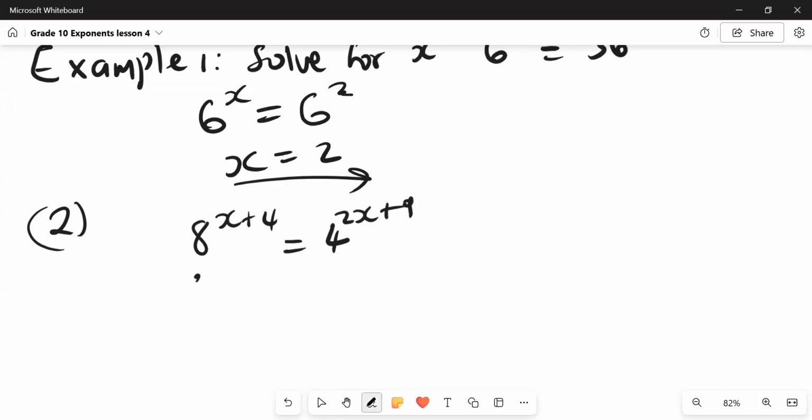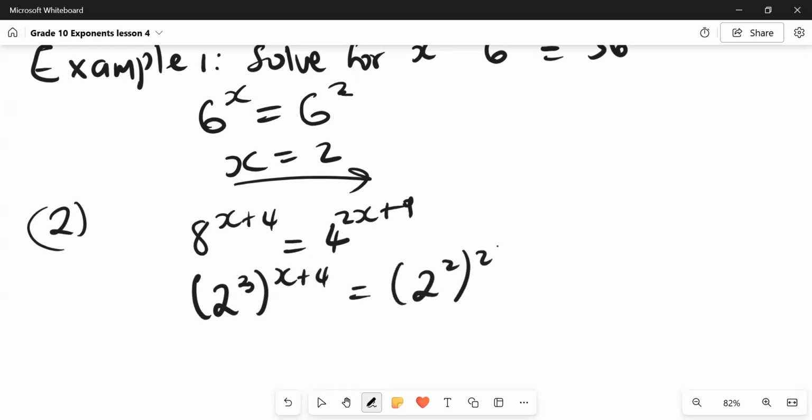But how do we do that? We change 8 and 4 into base of 2. And then from here, we distribute so that we can get rid of the brackets.